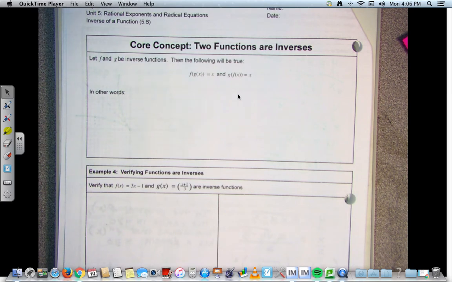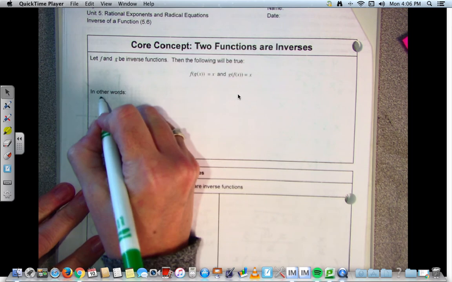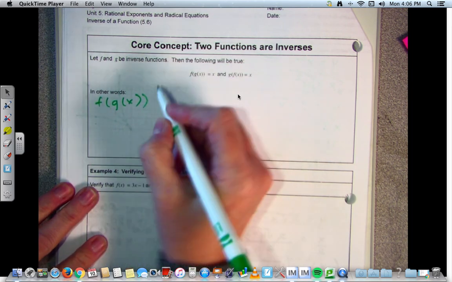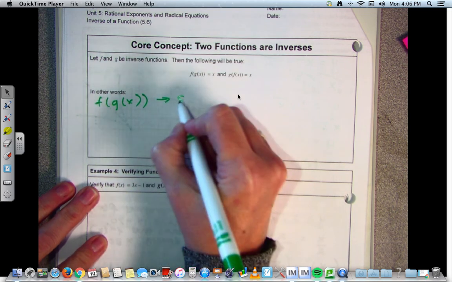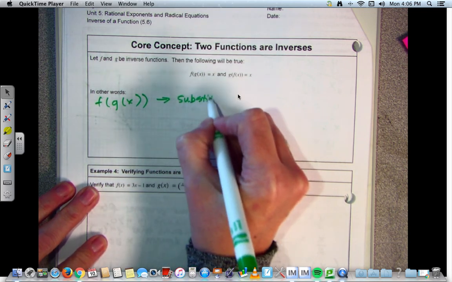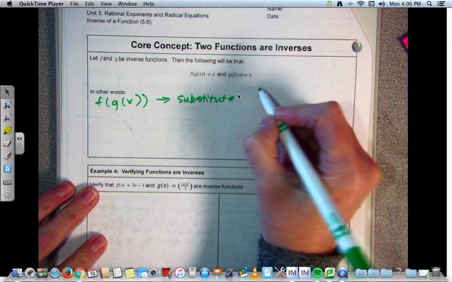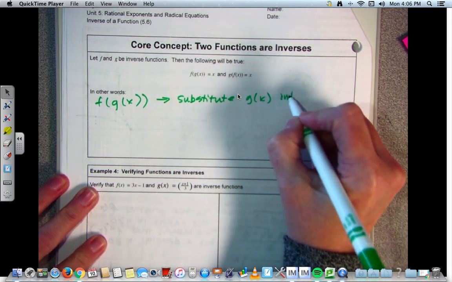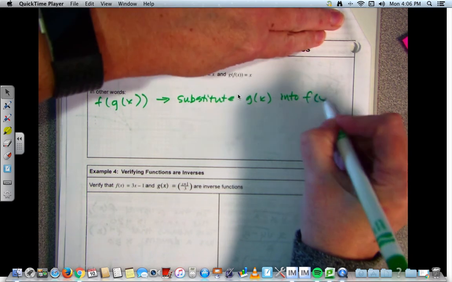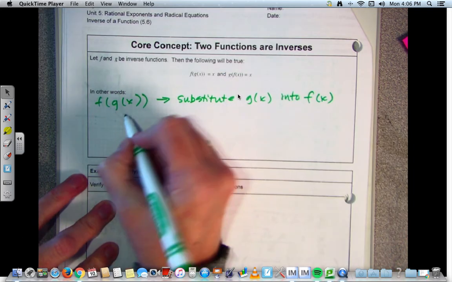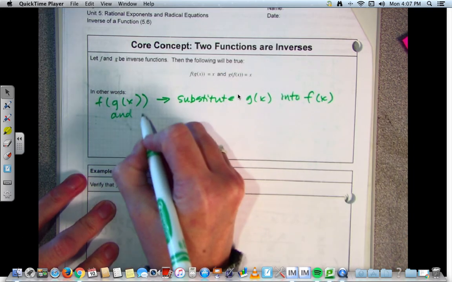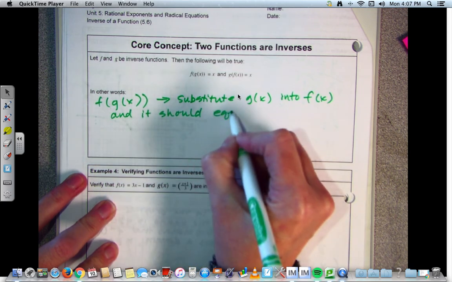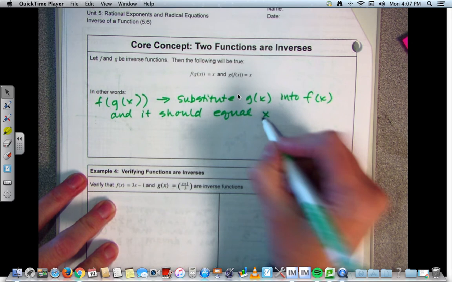So in other words, f of g of x means that we substitute g of x into f of x, and it should equal x.